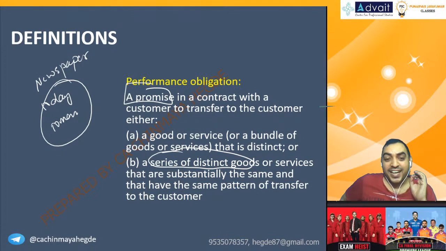Can you tell me whether they are distinct or same? Okay, the answer is distinct product. Today's newspaper and tomorrow's newspaper are not the same, my dear friend. They are different, right?